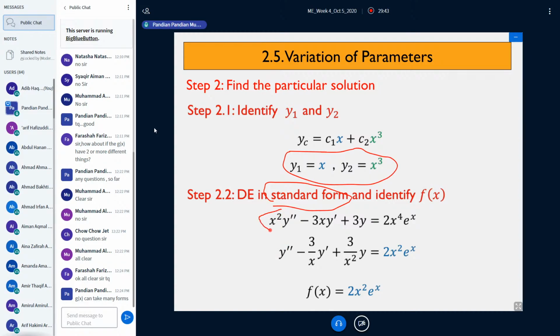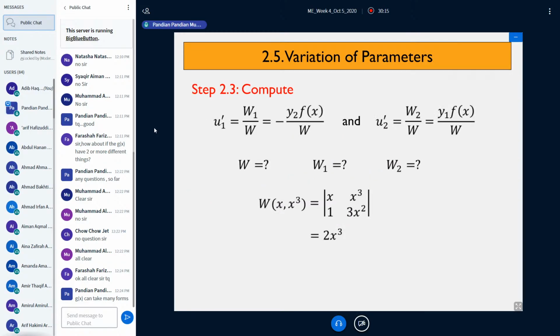You have to remove this x squared, that means you divide the whole equation by x squared. So y double dash minus 3x divided by x squared, minus 3 over x y dash, plus 3 over x squared y equals 2x to the power 4 e^x divided by x squared, 2x squared e^x. From here, you create your f(x). We already have f(x), and we already have y1, y2. Now we can start using variation of parameters.